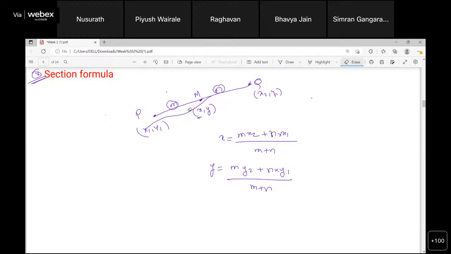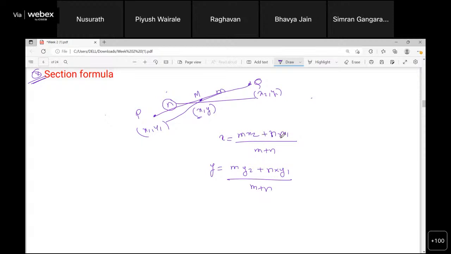Even if I interchange m and n, you have to multiply m with the coordinate of the particular point on this side, and if it's given like this, n, then you have to multiply with the coordinate on this side. So you can see this cross multiplication.